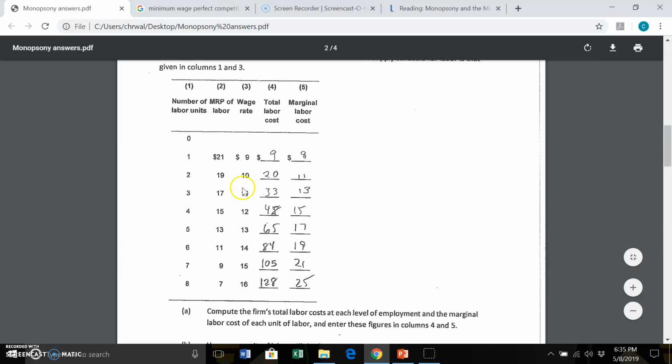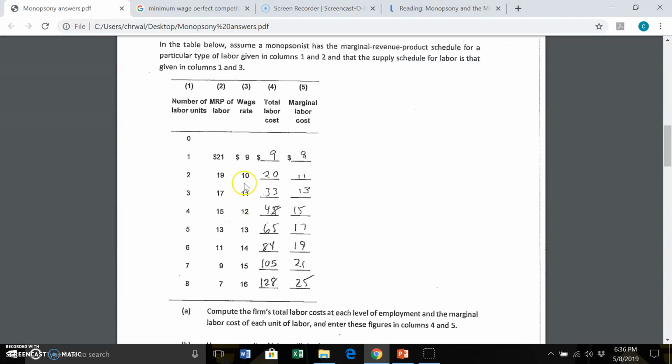If I was looking at just demand and supply, and I didn't have to worry about a marginal factor curve, I would know in perfect competition my wage would be 13, and my workers hired would be 5, because that's where my demand curve and my supply curve intersect.